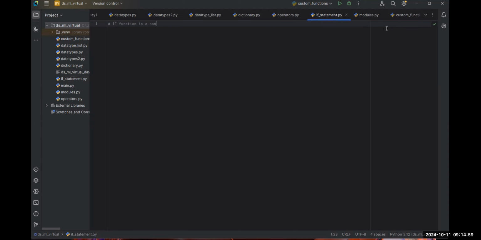IF function that allows you to perform operations. A conditional function that allows you to perform operations.